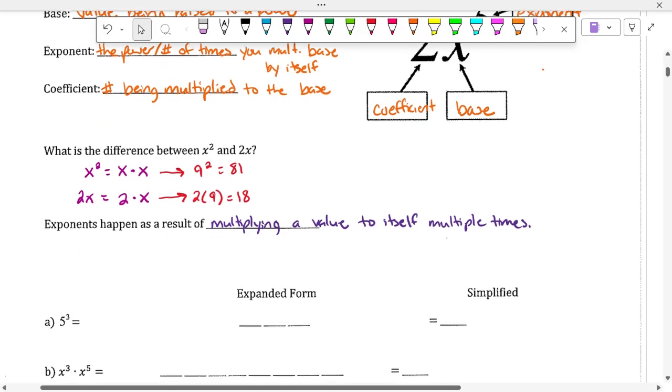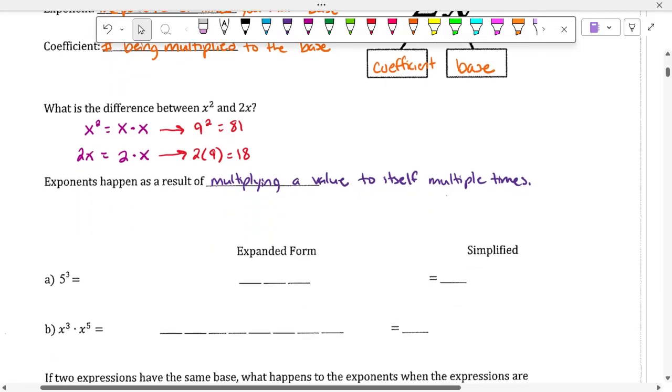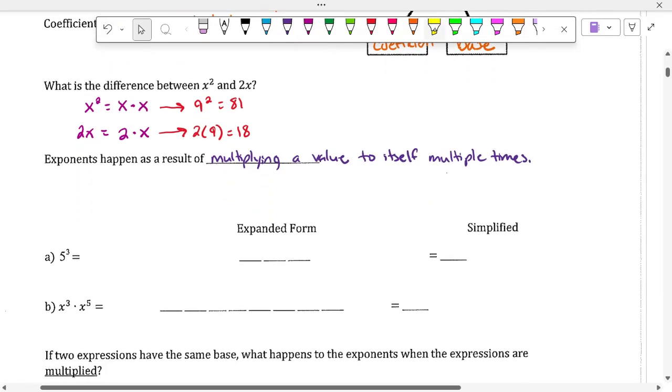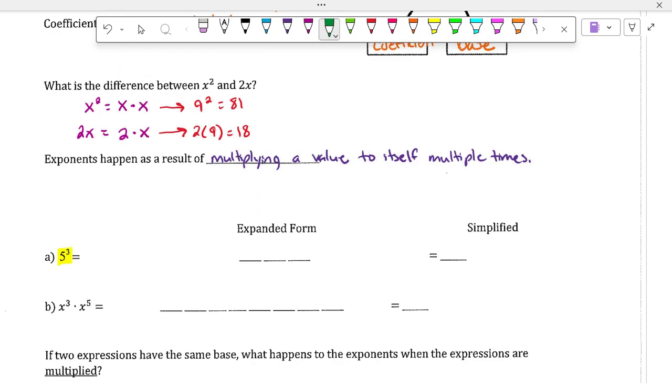You should already know kind of what an exponent does. So if we look at 5 cubed, if we wanted to expand it, we could rewrite this as 5 times 5 times 5. So 5 multiplied to itself 3 times, which is 5 times 5 is 25, times another 5 is 125.